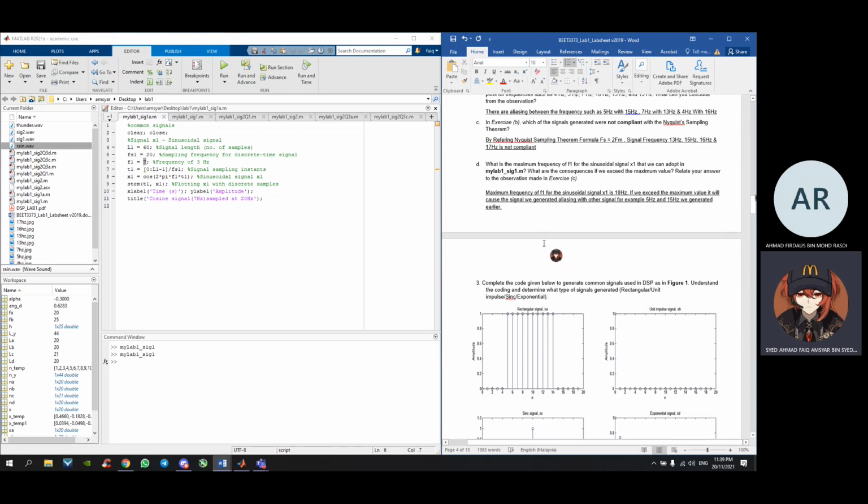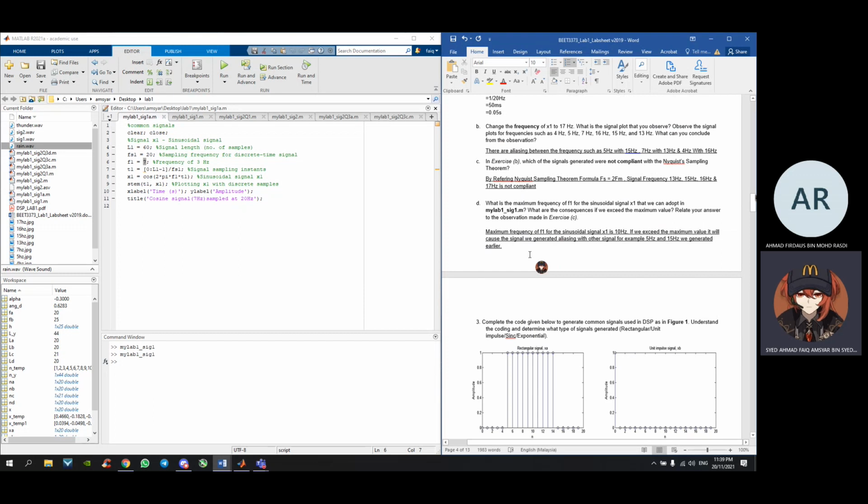The maximum frequency of F1 for the sinusoidal signal X1 is 10 Hz. If we exceed the maximum value, it will cause the signal we generate to alias with other signals, for example 5 Hz and 50 Hz we generated earlier.